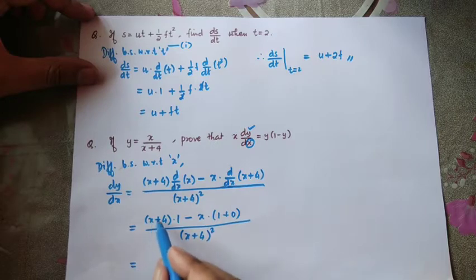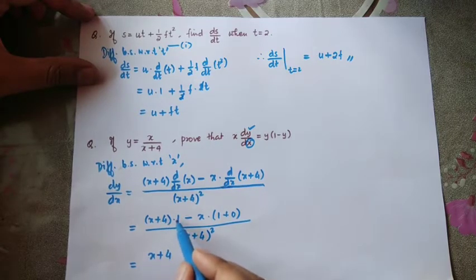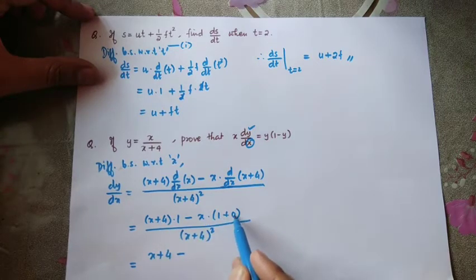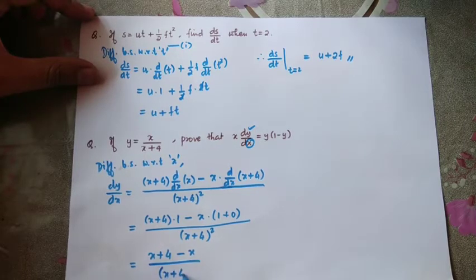Let's open the bracket: x plus 4 into 1 is x plus 4, minus 1 into x, which is x, by x plus 4 whole square. Now x and x get cancelled, so we have 4 by x plus 4 whole square. This is the value of my dy by dx.